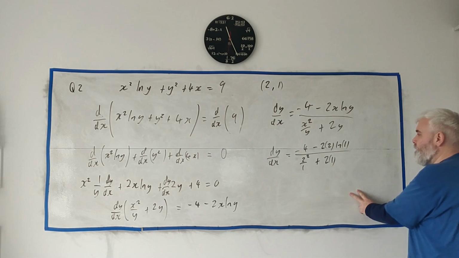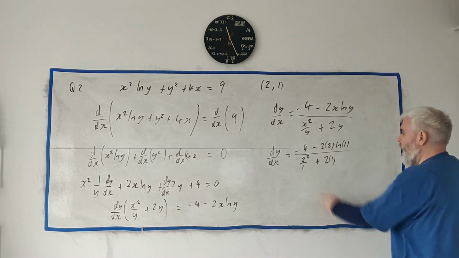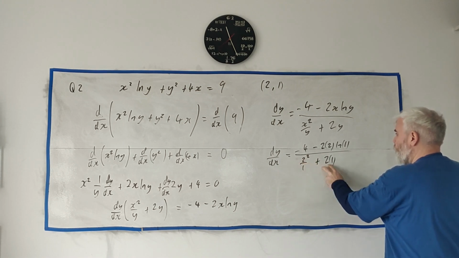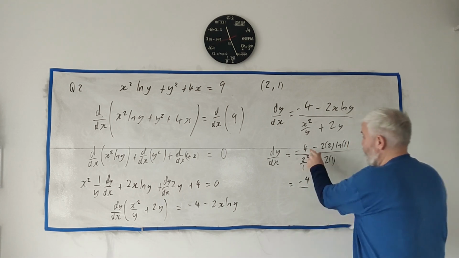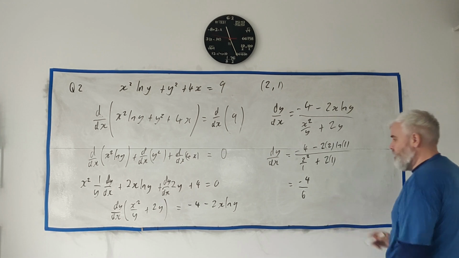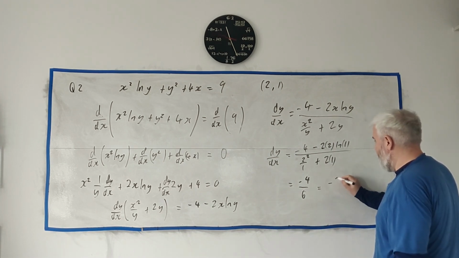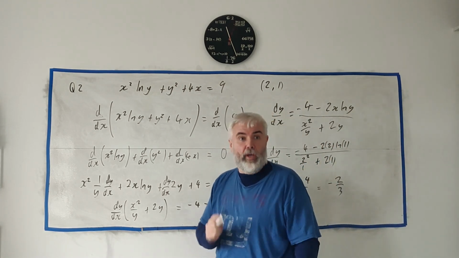I hope I didn't make any mistakes there. Natural log of 1 is 0, so that's just gone. 2 squared is 4. 4 plus 2 is 6. So we're just left with minus 4, this minus 4 here, over this 6 here. Remember, that disappeared into 0. And that cancels down to minus 2 over 3. And that's the answer for question 2.